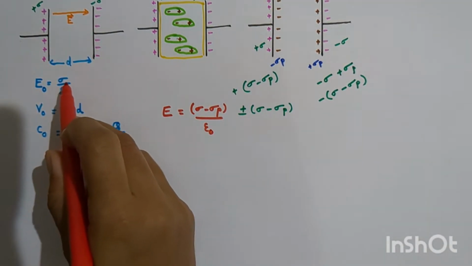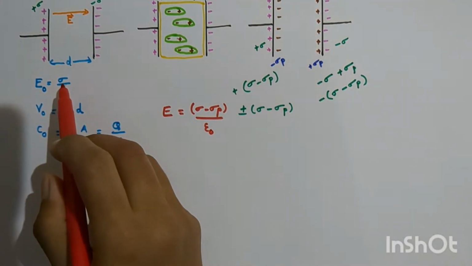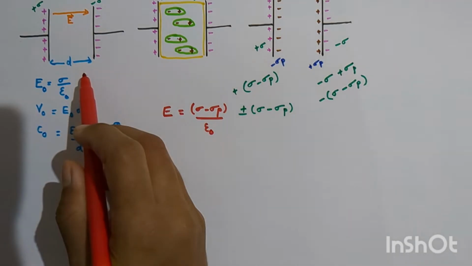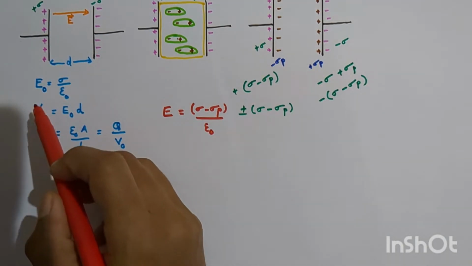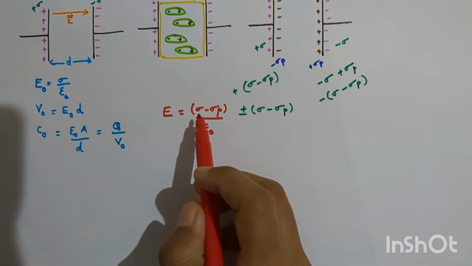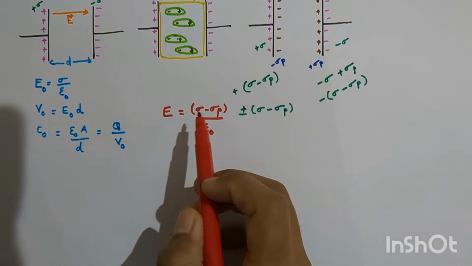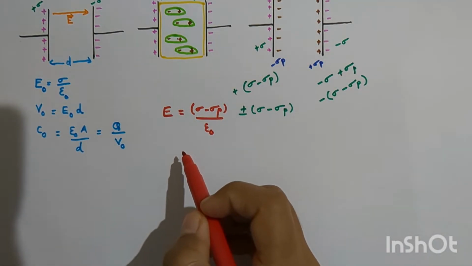Electric field is surface charge density divided by epsilon 0. When there was vacuum, the surface charge density was sigma, so sigma by epsilon 0. After the dielectric is inserted, the surface charge density becomes sigma minus sigma p, so now the electric field is sigma minus sigma p divided by epsilon 0.